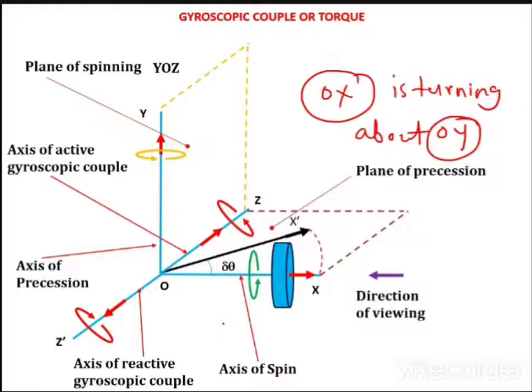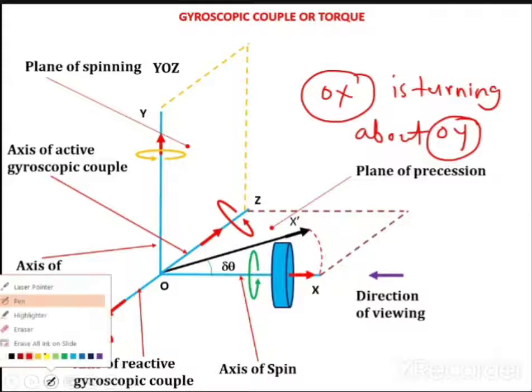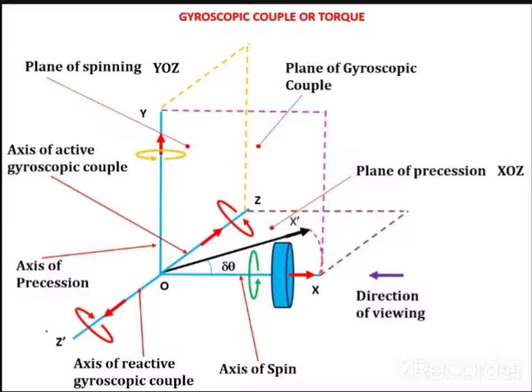This gyroscopic couple will have an effect on your particular application, maybe an aeroplane or maybe a ship. So if you want to look at the effect, you have to look at the plane XOY. This plane XOY is nothing but the plane of the gyroscopic couple.